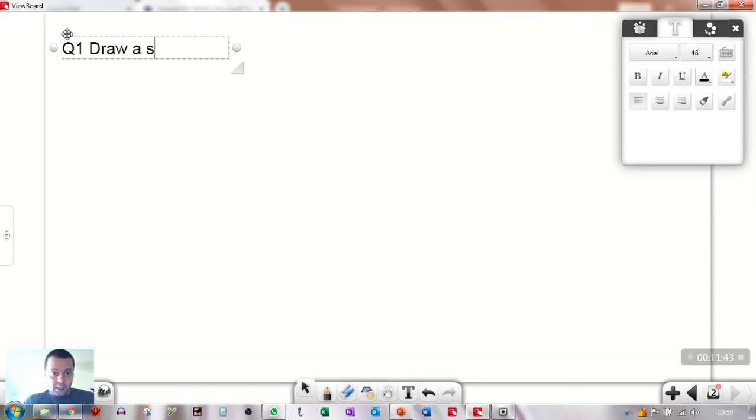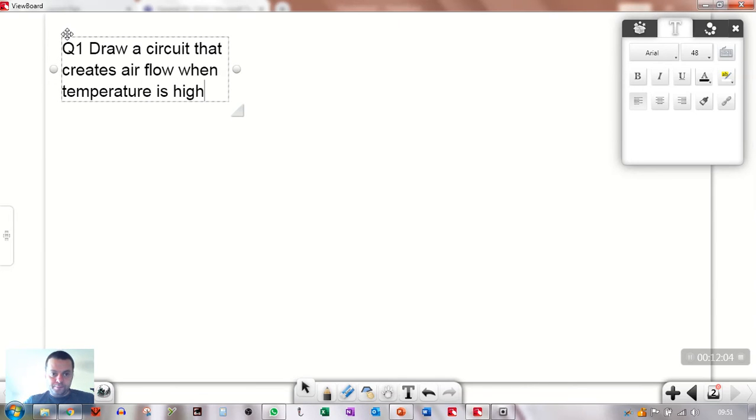Draw a circuit. It's not a system, it's a circuit we're doing. Draw a circuit that creates airflow when temperature is high.